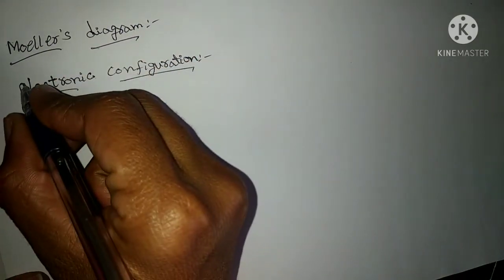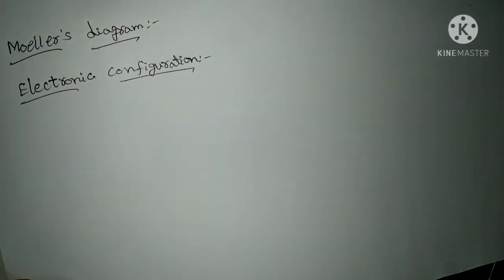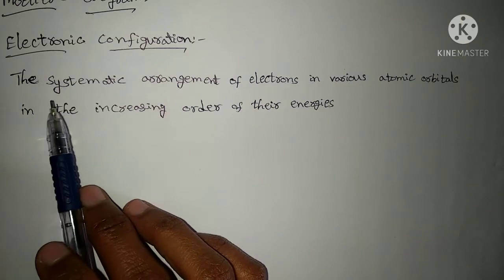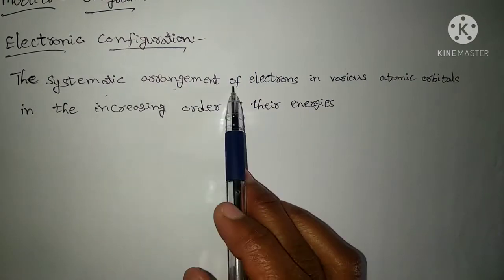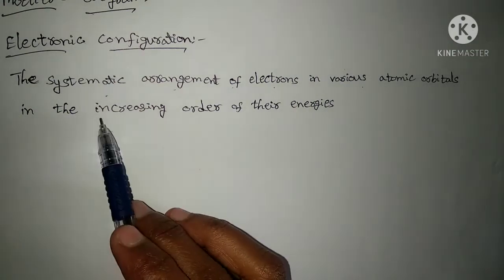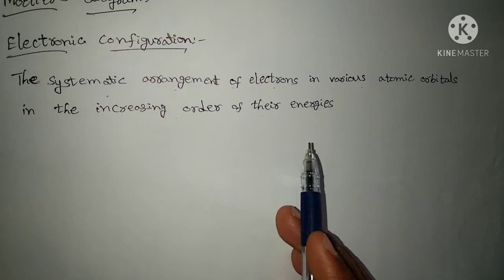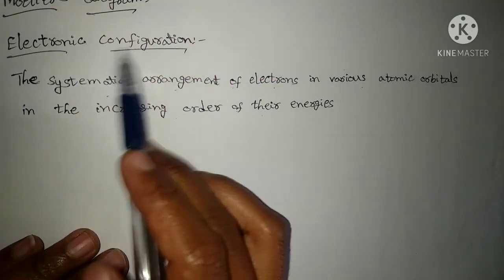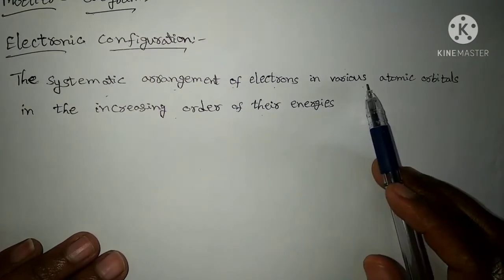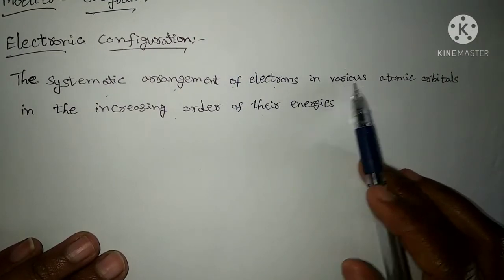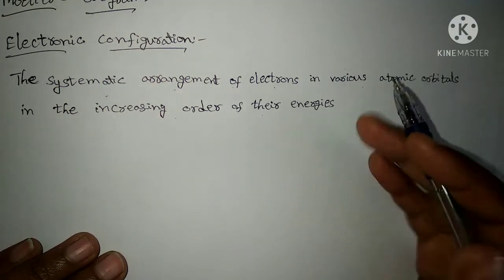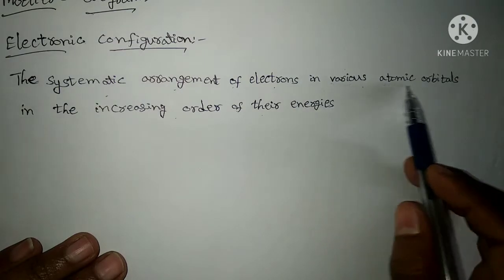Now we will see the definition of the electronic configuration. It is the systematic arrangement of electrons in various atomic orbitals in the increasing order of their energies. Here, various means different: in the atom, many shells and many subshells are there, so many atomic orbitals are there.